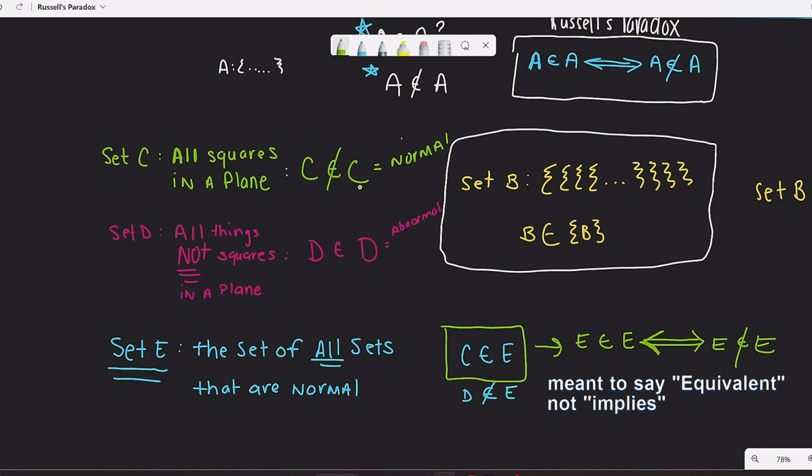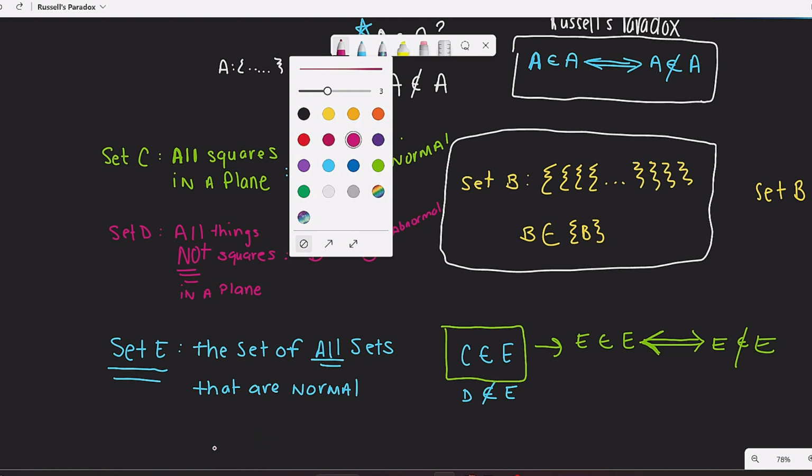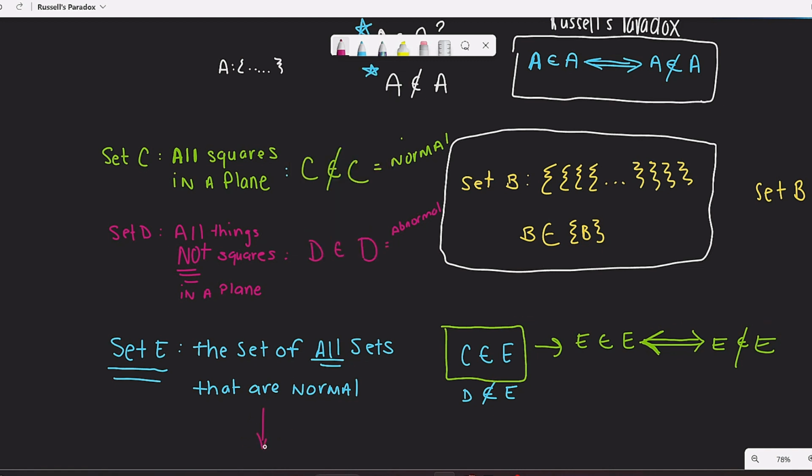It no longer is not a member of itself. It no longer contains just normal sets. It's now abnormal. Set E is now abnormal, which implies this. And there you have Russell's paradox.